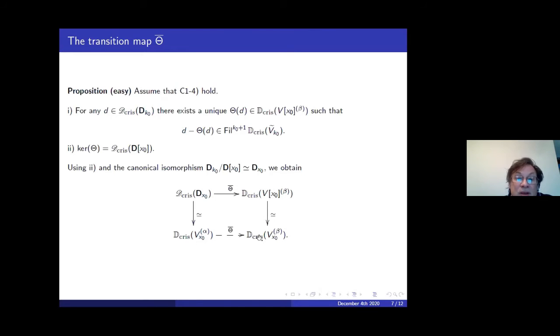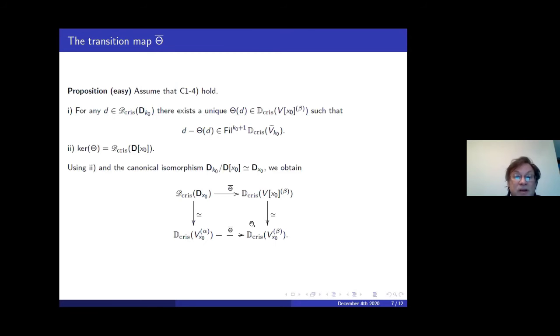We have some map from the crystalline module of the direct summand V alpha to the crystalline module of the direct summand V beta.